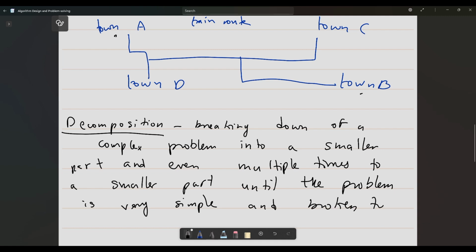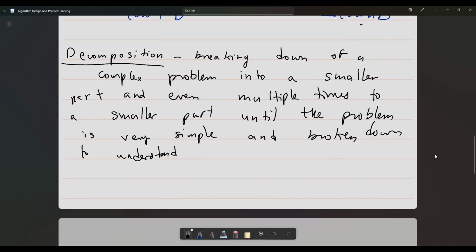That is decomposition, okay? It's just the process of breaking a complex problem into smaller parts. You can break it down into smaller and smaller parts until it's easy to understand. It just depends on your personal understanding, okay?